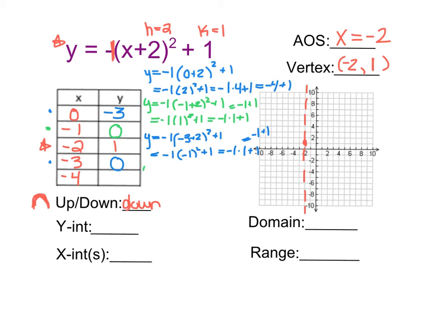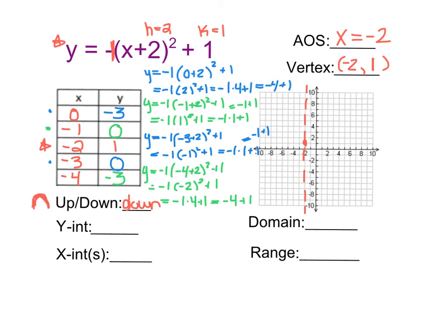And then lastly, we have y is equal to -1 times (-4 plus 2) squared plus 1. Parentheses come first, so we have -2 squared. Then we do the exponent, so we have -1 times 4 plus 1, followed by multiplication, so we have -4 plus 1, which is -3.